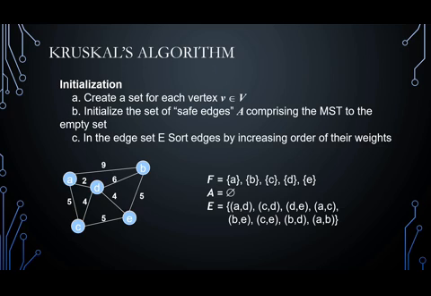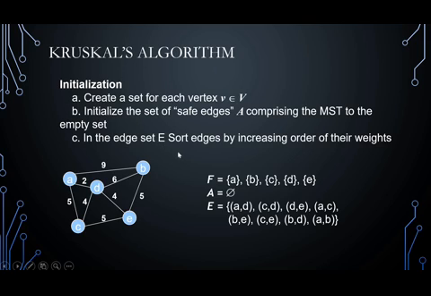Our final solution will be in the form of a set of edges, but initially I don't have any edge in it. Therefore, I am initializing A as a null set. Hope you have understood.